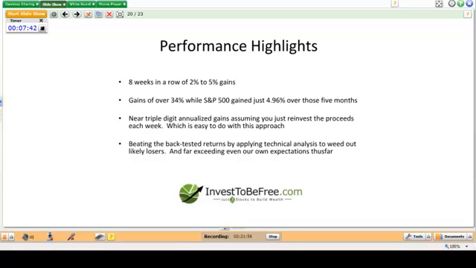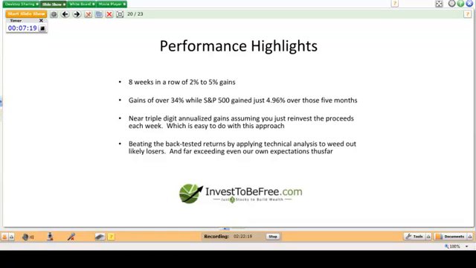Just to highlight some of the performance we've had so far in the first 5 months of this newsletter, we saw 8 weeks in a row of 2% to 5% gains back in July and August and early September. Gains of over 34%, while the S&P 500 gained just 4.96% over those first 5 months.